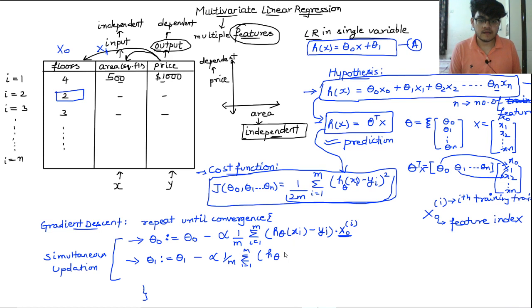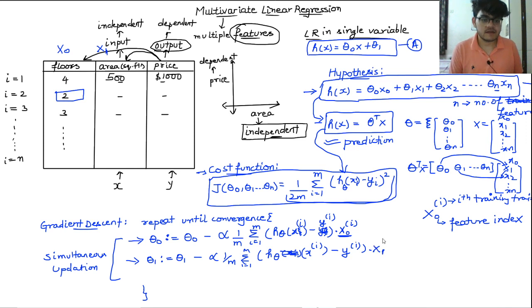Now i is the training example, so instead of writing it in the subscript, we should write it in the superscript. So x i we should write like this, minus y i, dot. Now we are trying to get to the x1 function.